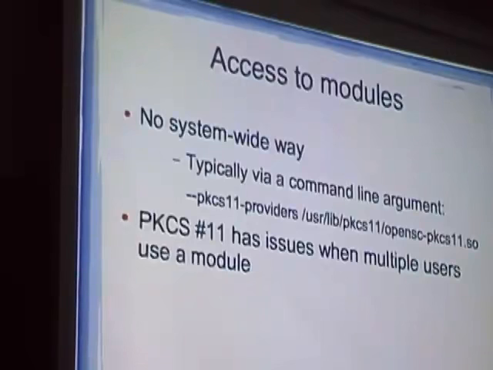Let's say in my system there are many libraries, but I don't want to use them all. How can we system-wide specify these libraries should be there? They should be loaded by GNU TLS or by OpenSSL or by any other project. We don't have this today. And also pkcs11 has issues when multiple users use a module. I'm going to talk about the first one first.